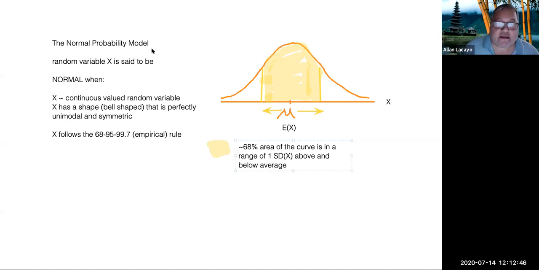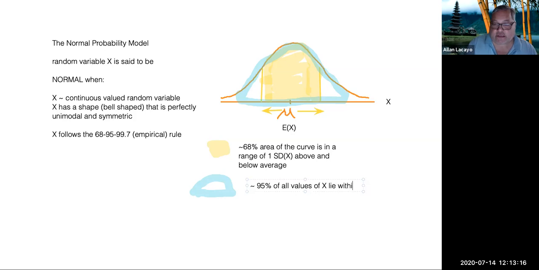If I then add 1 more standard deviation, if I then go and look at this region in the highlighted blue, that particular area constitutes roughly 95% of all values of x, which lie within plus or minus 2 standard deviations from the mean.